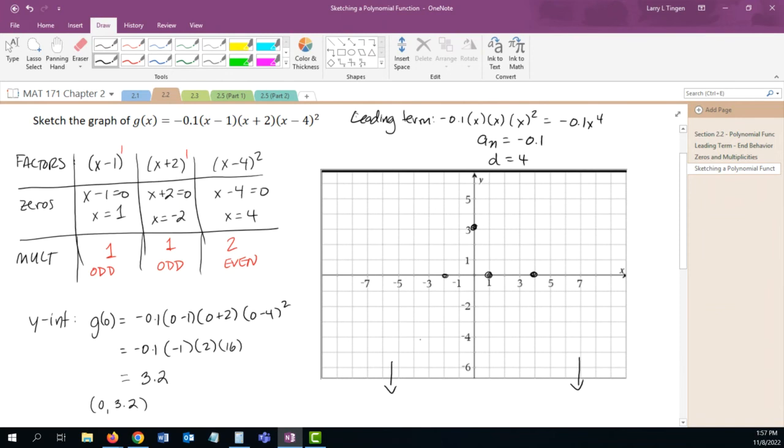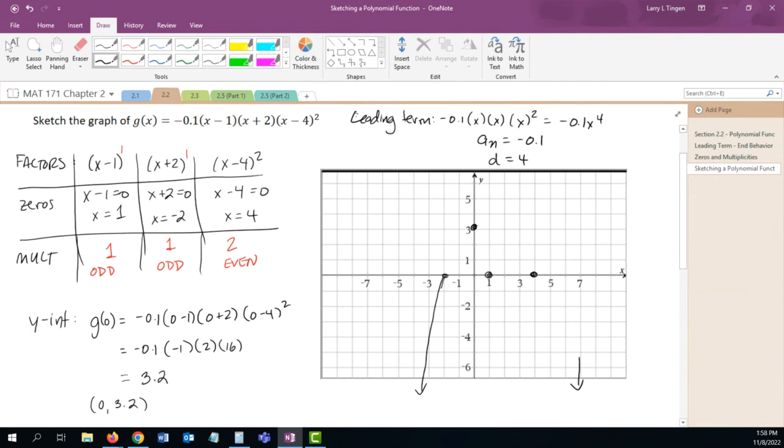So what have I got? I'm coming up from negative infinity. And when I get to negative 2, whoop, that's not a function if I draw it that way. I get up here to negative 2, and that has an odd multiplicity, so that means I cross.